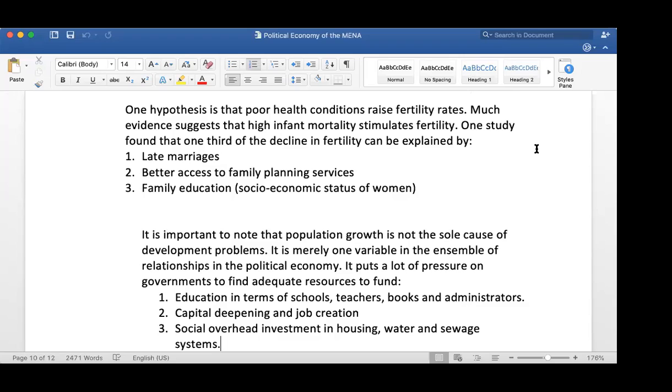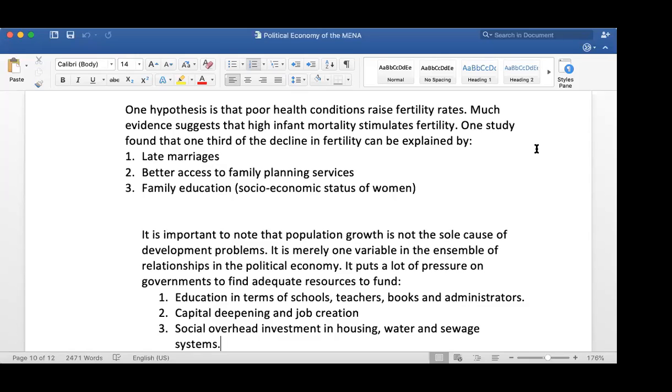Okay, today what we want to do is continue with the demographics of the MENA region. As I have mentioned before, demographics is extremely important in the MENA region. It's such an important factor in economic development there, so there's a lot written about it.